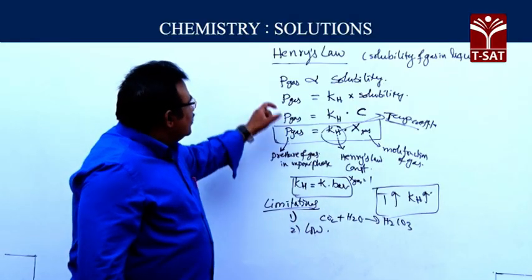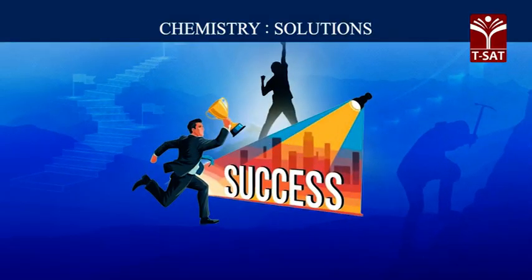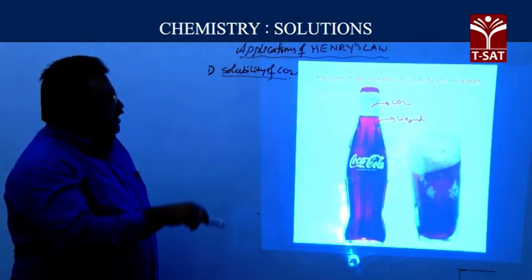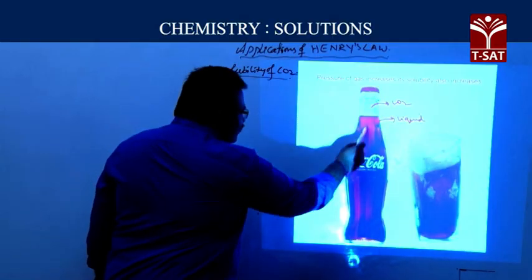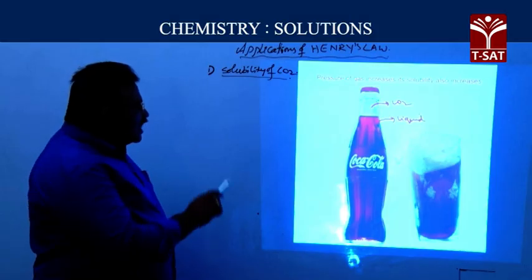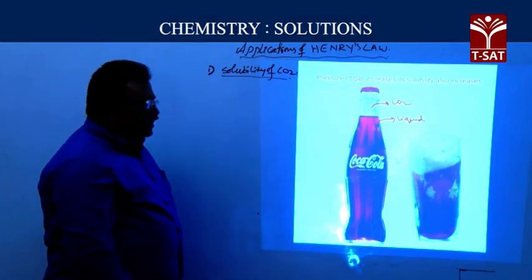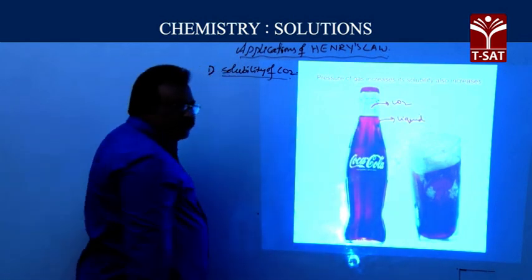So, what are the applications of Henry's law? Here the bottle is sealed at higher pressure, so in the bottle carbon dioxide solubility is more. Pressure of the gas increases, its solubility also increases. Here more pressure, more solubility of CO2.